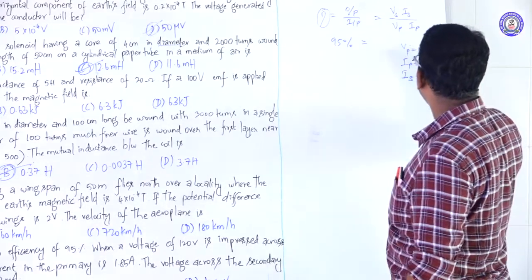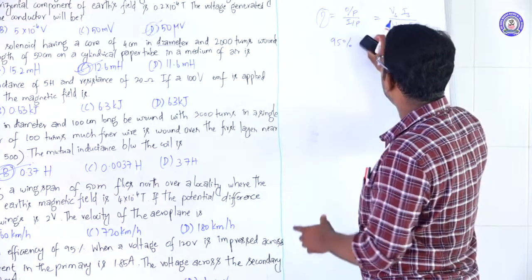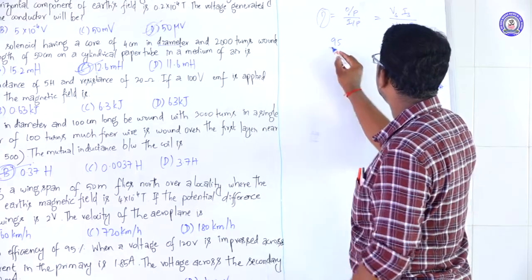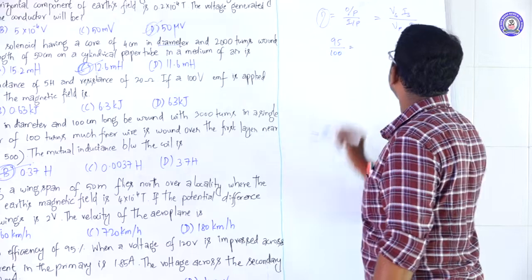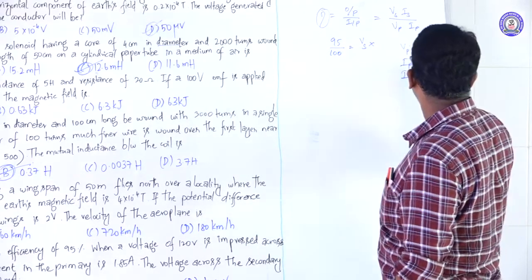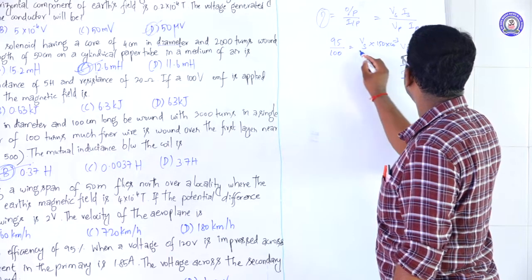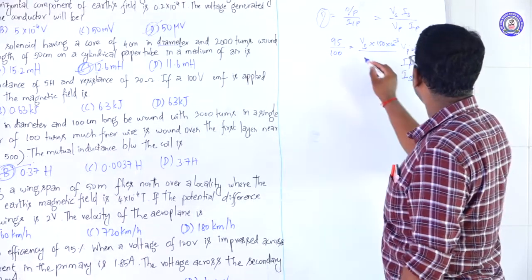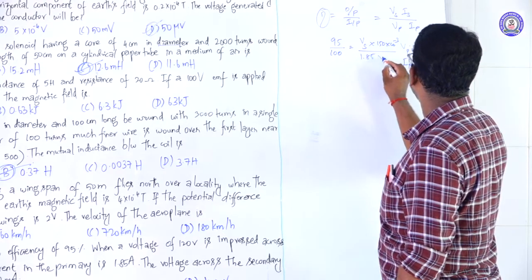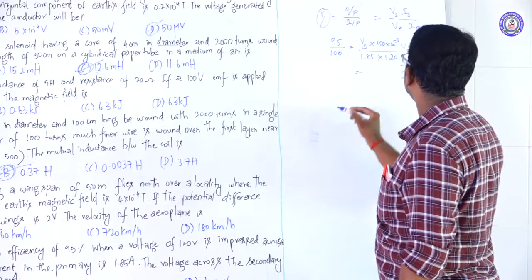Substitute the Vp value, Ip value and Is value here. So 95 divided by 100 is equal to Vs, which we want to find out, into Is value 150 into 10 power minus 3, divided by Vp value 120 into Ip value 1.85.